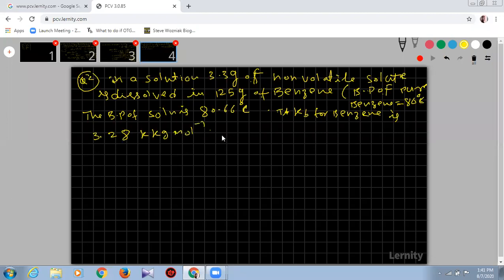Find the molar mass of the non-volatile solute. So this is the problem they gave. I'll give a 2-minute time. Please try to solve it, and then I will solve it.